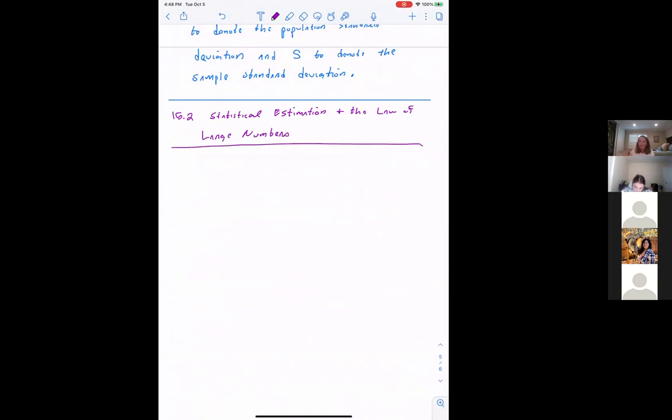Statistical estimation and the law of large numbers. Here's the basic idea. If I flip a coin once, what do you think I'm going to get?